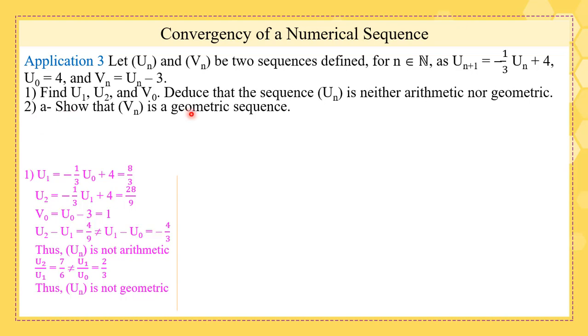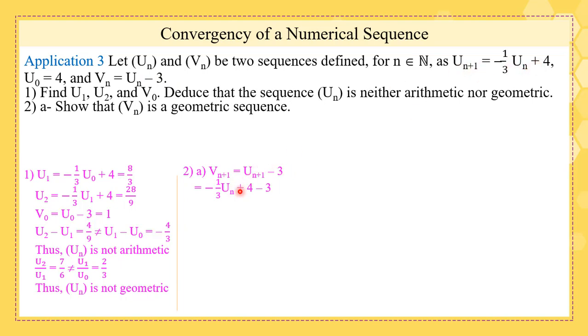2a, show that the sequence Vn is a geometric sequence. Try also to do it alone. Okay, to be a geometric sequence means that Vn plus 1 should be Vn multiplied by a constant, while Vn plus 1 from here is Un plus 1 minus 3, and we know that Un plus 1 is minus 1 over 3 Un plus 4.